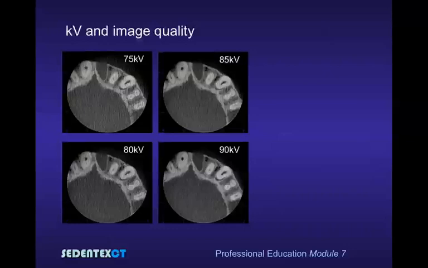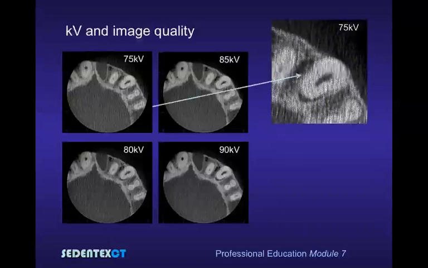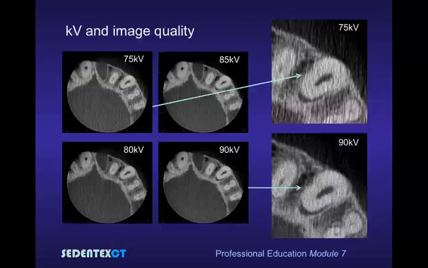If you look at the top left at the 75 kilovolt examination and compare it with the 90 kilovolt examination, I think you will perceive some increased granularity, some loss of resolution. Perhaps this shows better if we magnify the images and just look at a small portion of them.